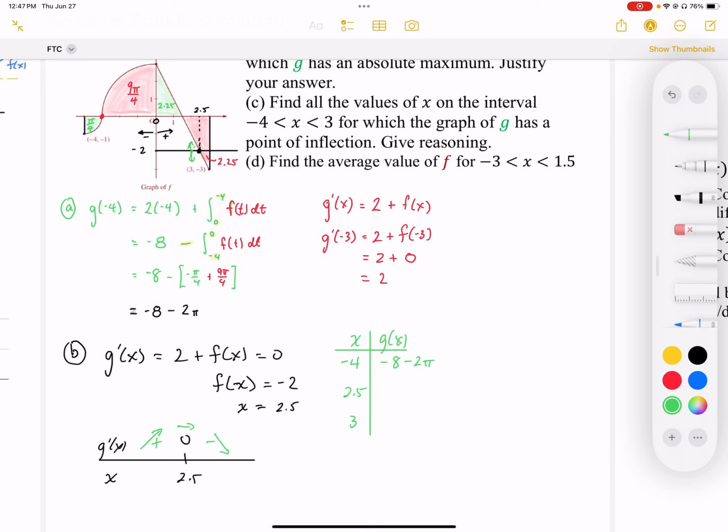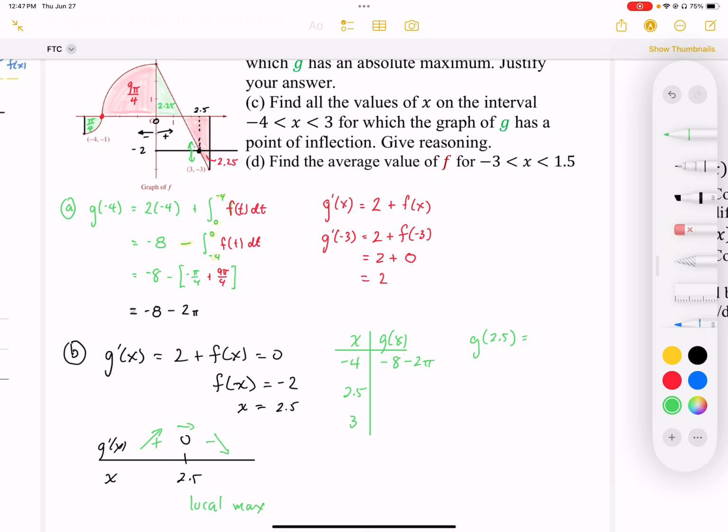So on the right there, I have negative values of my g prime. So that looks like it's going to be a local max. Okay, so I've tested one point. I need to work out my g values at x equals 2.5 and x equals 3.